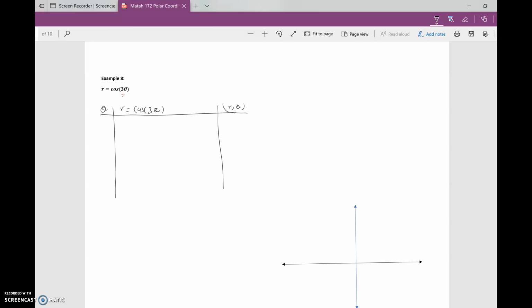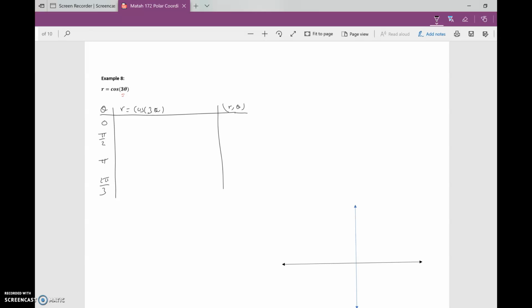Let's do a couple of coordinate points. So let's start with perhaps 0, then pi over 2, then let's do pi, 2 pi over 3, and as long as we get distinct coordinate points, that would be fine.